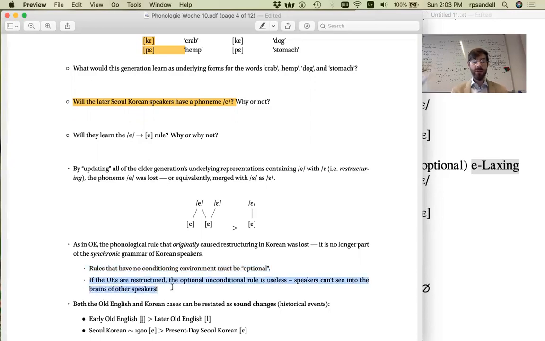And thus, if the underlying representations come to be restructured, those optional rules become useless because speakers can't see into the brains of other speakers. They can only hear what other speakers are saying.